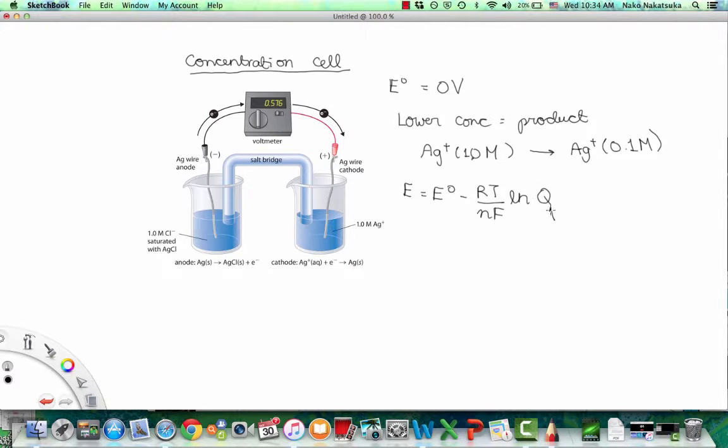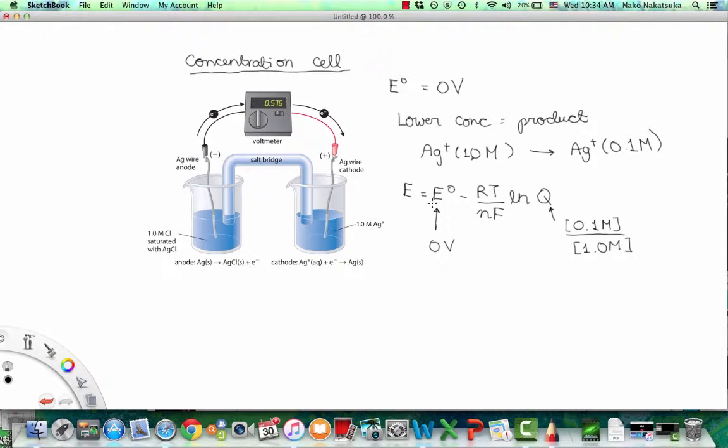So Q is going to be 0.1 molar over 1 molar. And remember, this standard cell potential is going to be 0 volts for a concentration cell.